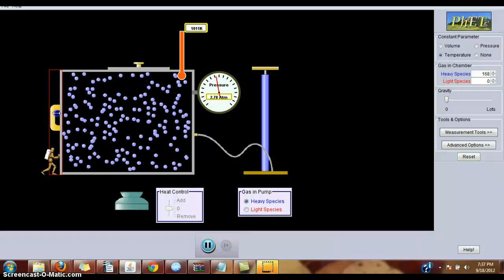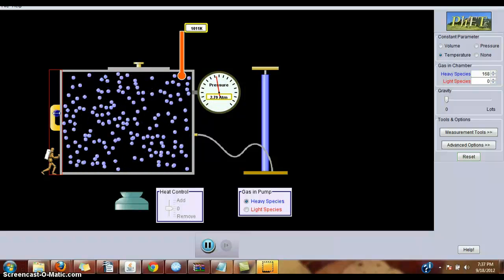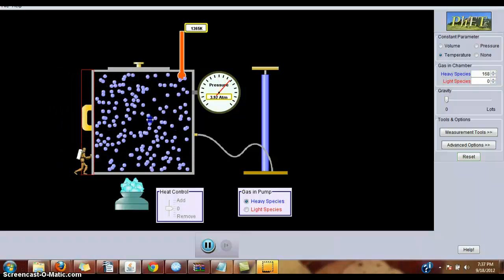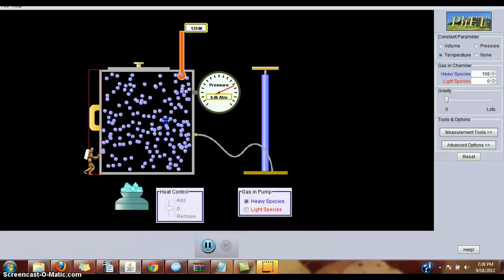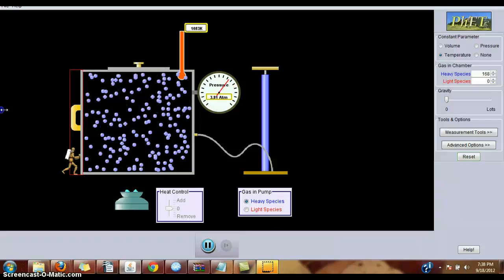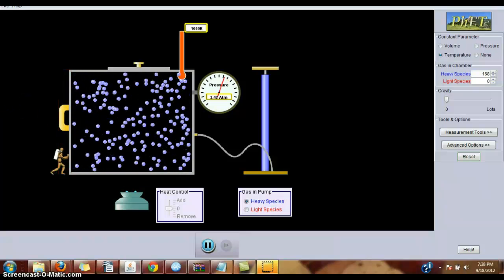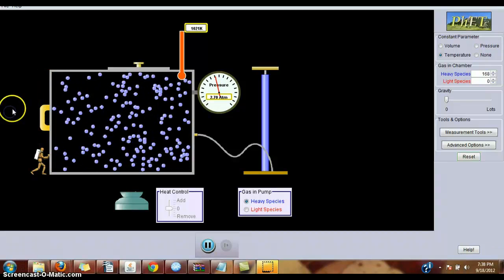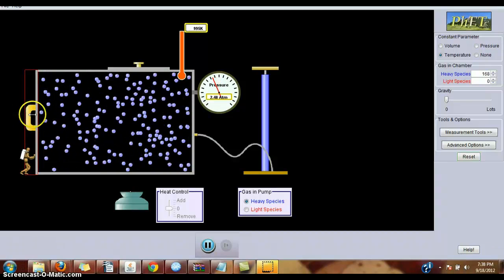If we decrease the volume, so make the box smaller, we see that the pressure increases. Decrease the volume, increase the pressure. Now, if you increase the volume, you see a decrease in pressure.